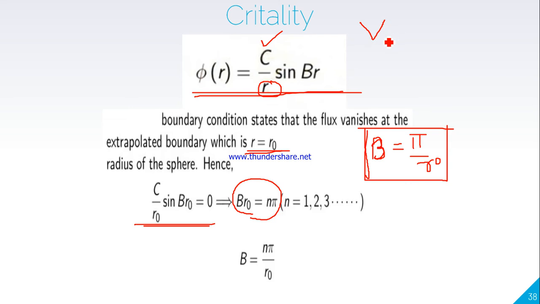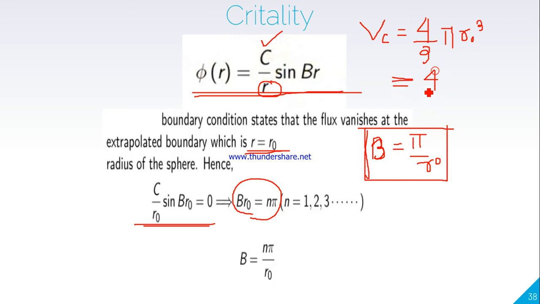So the critical volume, here I considered a spherical shape, but you can do it for any shape. The volume is 4 by 3 pi r0 cube. Here r0 cube is nothing but pi cube by B cube.